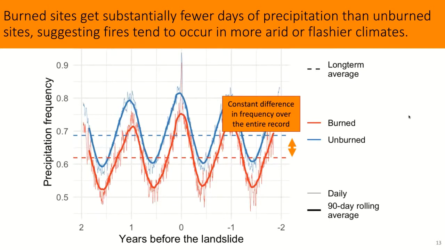Those dotted lines are showing the long-term average. And so it's a little hard to see what's going on as far as our landslide susceptibility, but it does suggest something about the fires, that they're occurring in perhaps more arid or flashier climates.